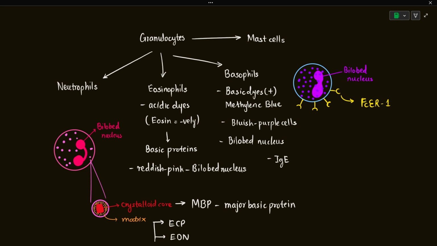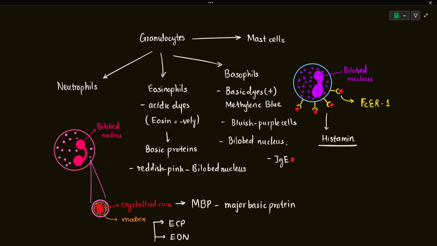So remember the name Fc epsilon R1: they are the surface markers for basophils, and the IgE antibody binds to those receptors. So the IgE antibody can bind to the basophil with the help of those surface markers, and the binding of the IgE antibody to this surface marker will result in release of histamine into the microenvironment, and that is going to result in inflammation.